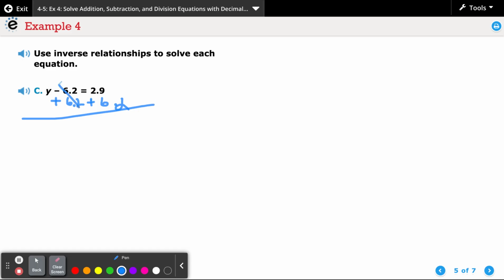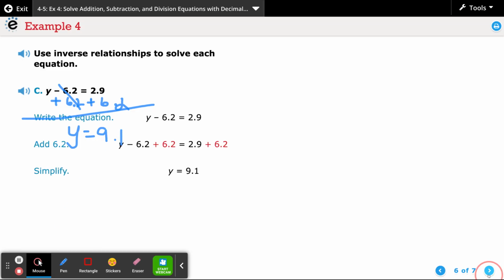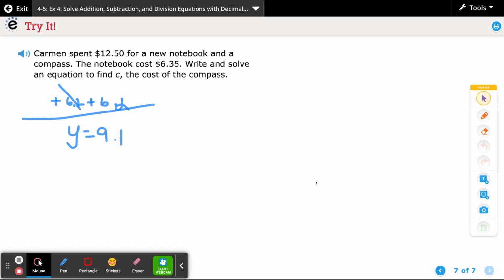They cancel, and I'm left with y is equal to. Alexa, what's 2.9 plus 6.2? 2.9 plus 6.2 is 9.1. And 9.1. All right, again, we don't want you to do it on the line. We want you to show your work like this. And try it.